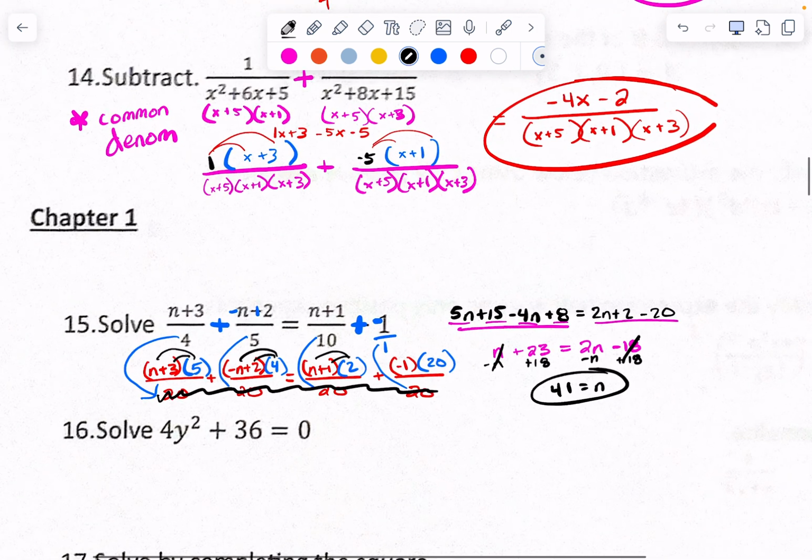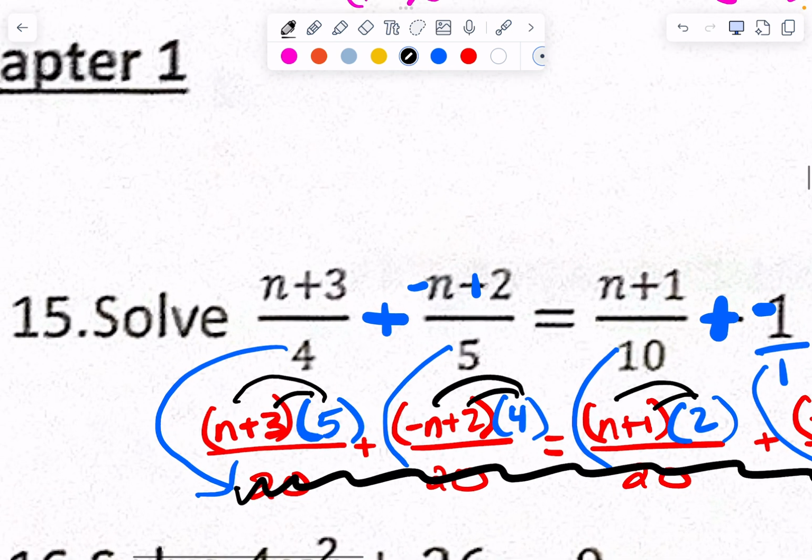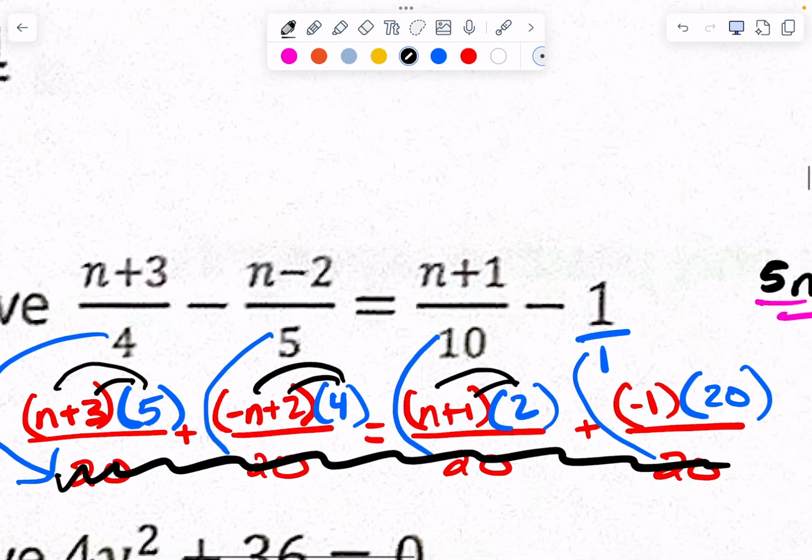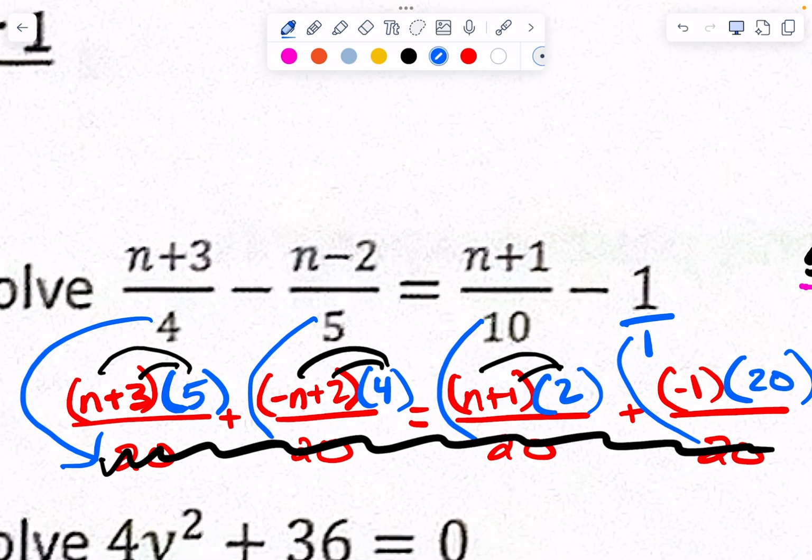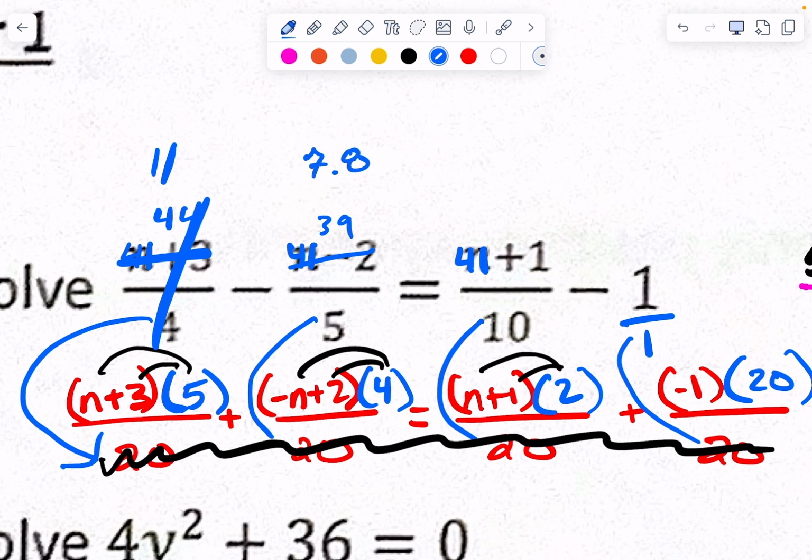Yeah, I think so. Now, if you would like, and this is not a bad idea, you can plug 41 back in for each n in the original equation. Like 41 plus 3 is 44, divided by 4 is 11. 41 minus 2 is 39, divided by 5 is a little bit uglier: 7.8.